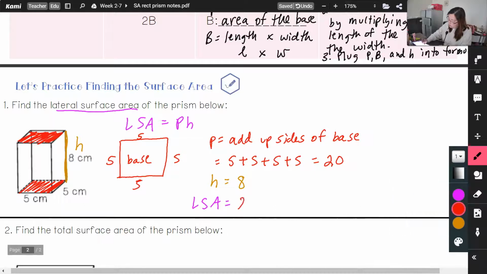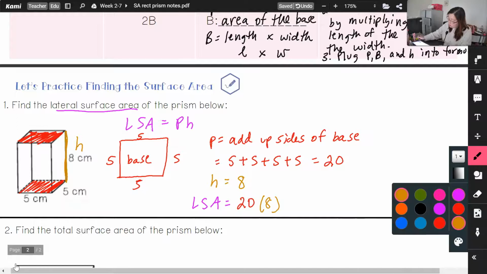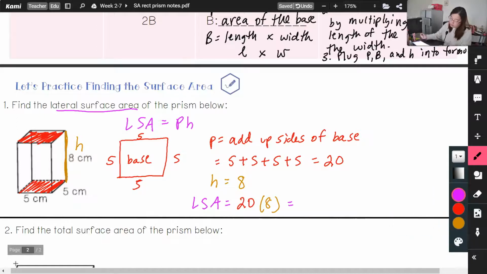The perimeter is 20. The height is 8. So we multiply those two together. 20 times 8, we get 160. It's in centimeters. Because it's surface area, it's centimeters squared. That's it for lateral surface area. It's pretty easy peasy.